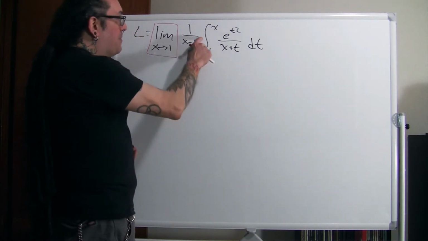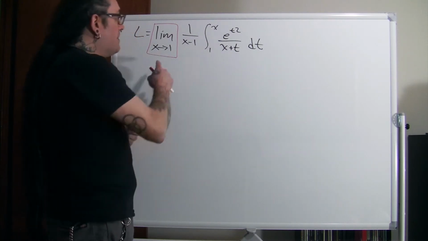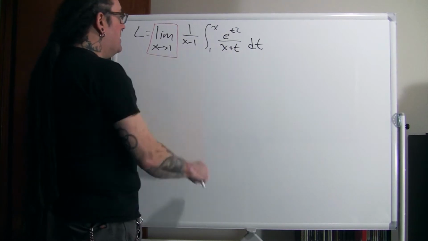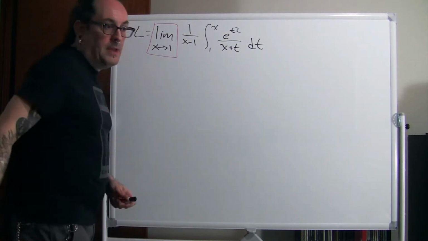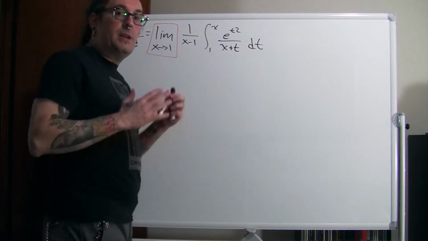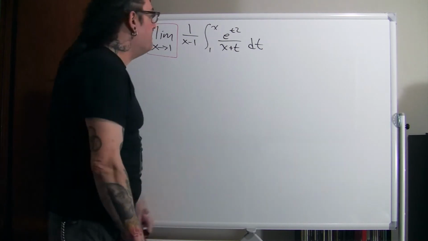In this case, we have a product here. So one of the limit laws we could consider is that the limit of a product is the product of the limits. So it could be the limit of this times the limit of this. That might be useful. Not quite sure. We're just taking some inventory about how this might work as we begin to solve.